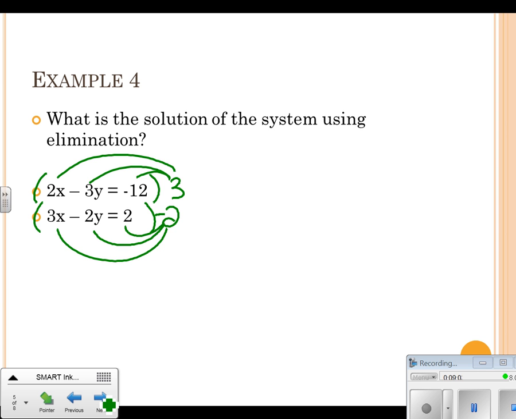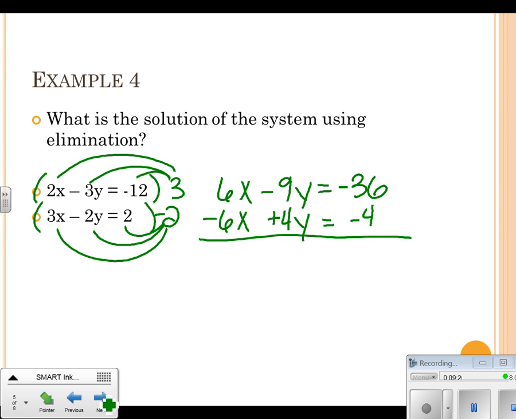So let's distribute the 3 all the way through the equation on the top. In doing so, we would have 6x minus 9y is the same as negative 36. And when we distribute that negative 2 all the way through, we would be left with negative 6x plus 4y, and that would be the same as negative 4.